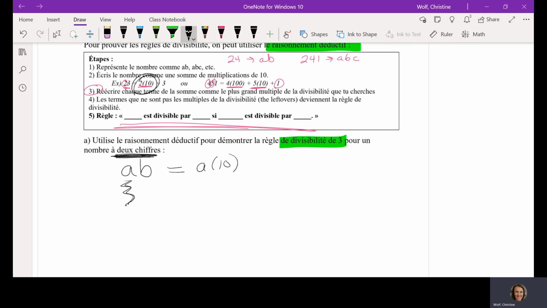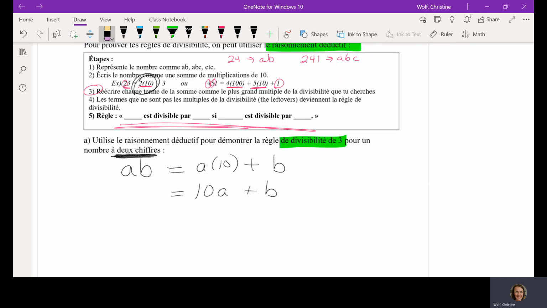Tu prends le premier chiffre, which is actually your like 10 spot or your 20 or your 30 spot, et on fait A fois 10. And then j'additionne juste B. So the last number is just your unité. And so it's an unité here. It's not multiplied to anything. So voilà, étape 2 est finie. J'ai réécrit AB comme ça. Et une autre façon, tu peux l'écrire comme ça. Right? That 10 just goes out front.